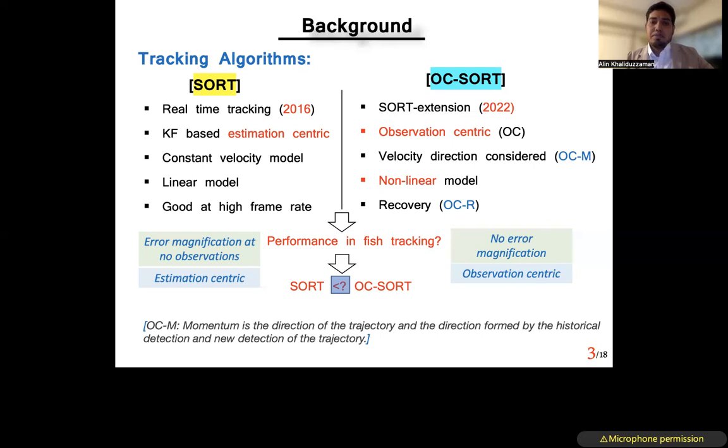And on the other hand, in the case of OC-SORT, such error magnification does not occur because once the object loses its track or detection, that means no observation, after certain steps or frames, if it is detected again, it corrects its trajectory based on OCR. For this reason my hypothesis is that OC-SORT should perform better in tracking of fish in a school.